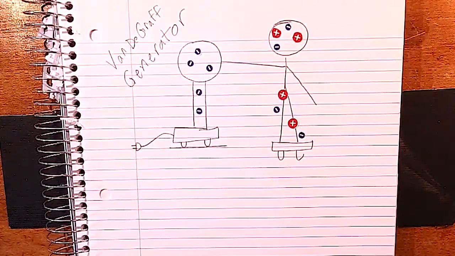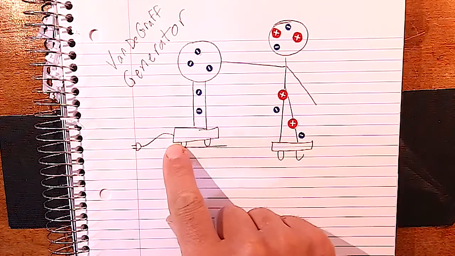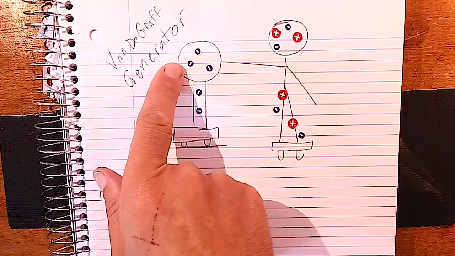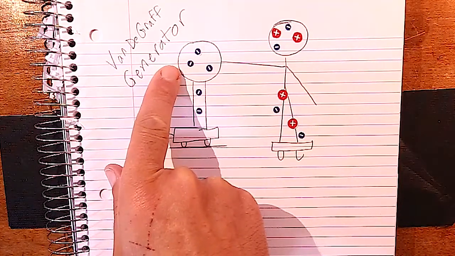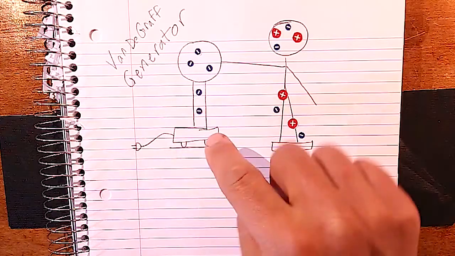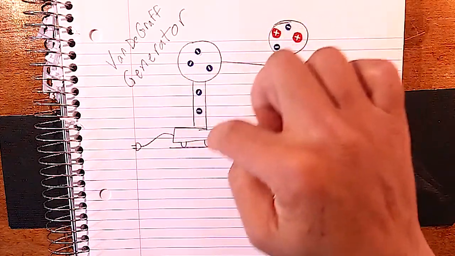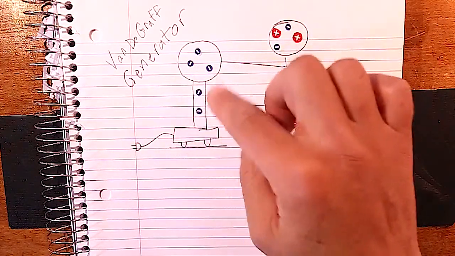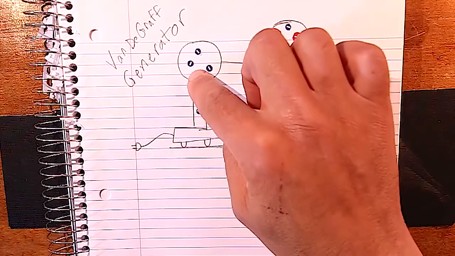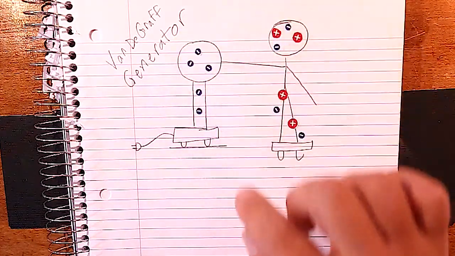There's a device used in physics called the Van de Graaff generator, and hopefully your physics teacher did this demonstration. But if not, here's how it works. A Van de Graaff generator has a metal sphere that acts as a conductor on the top, and inside there's a rubber band that spins around, and that rubber band picks up electrons and distributes them on the metal sphere.